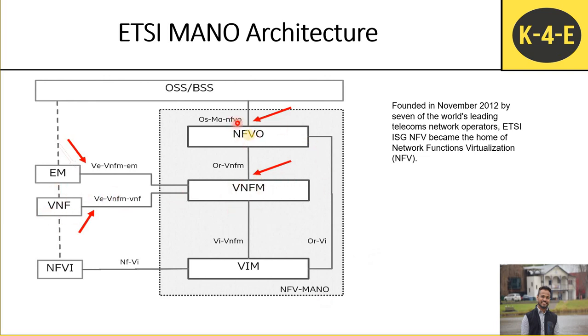Then you have an orchestrator, NFVO. This orchestrator simply issues commands to your manager, and the manager deploys all the resources on top of this NFVI. So NFVI is the platform which provides you resources. VNF is your actual VM, and this VM creation command comes from your NFVO. So NFVO takes care of the complete VNF.